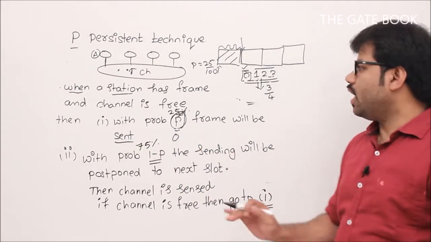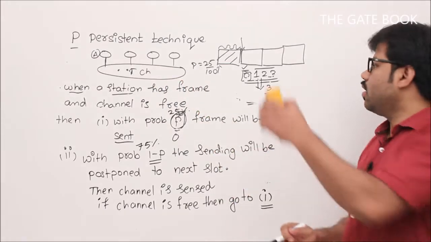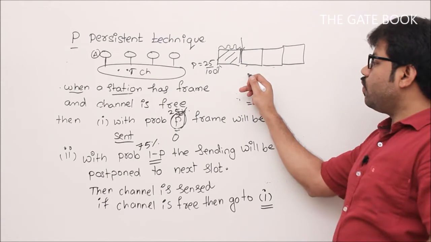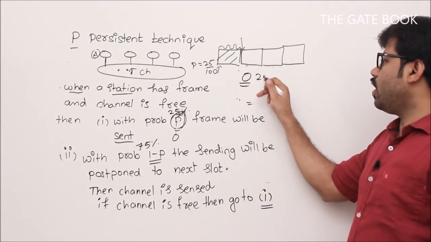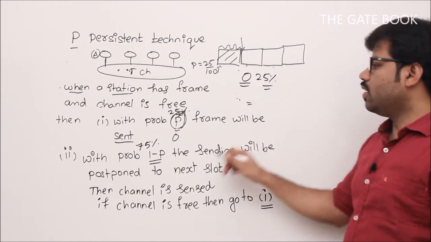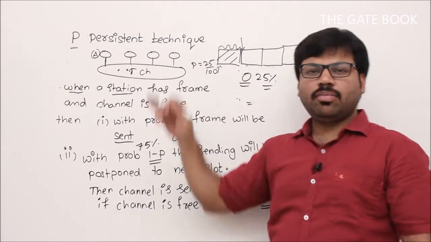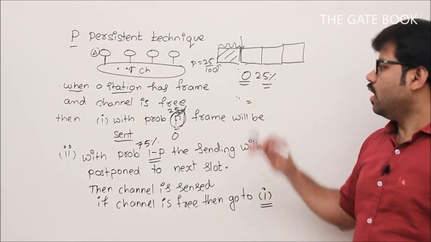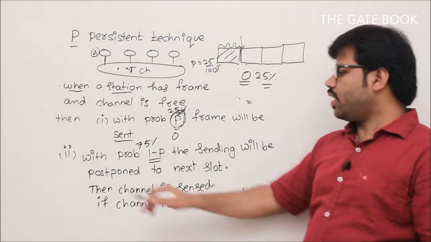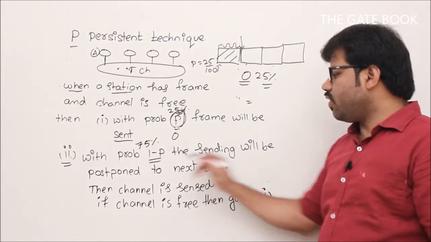What we did, whenever the channel is free, generate the random number again. Now again, if 0 comes, simple. If 0 comes, we know that with 25% probability it will come, then the decision is with probability P you are going to send. That means if 0 comes, simply send it. What if 1 or 2 or 3 comes? Then definitely we come to the second case. That means the sending will be postponed.